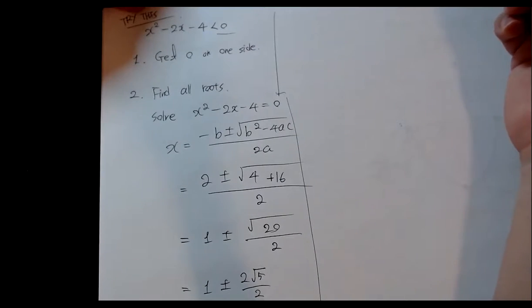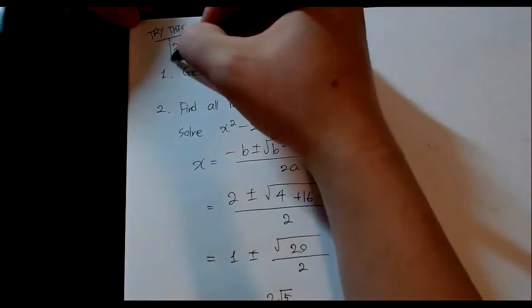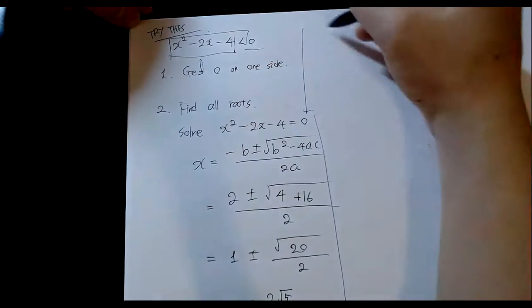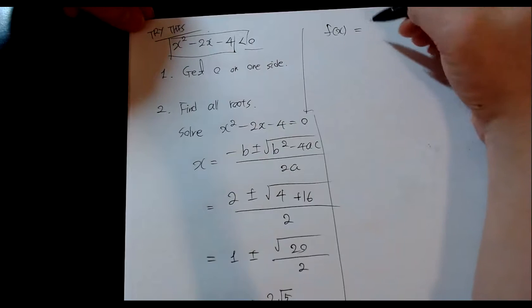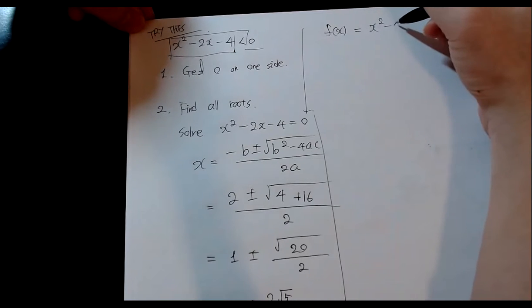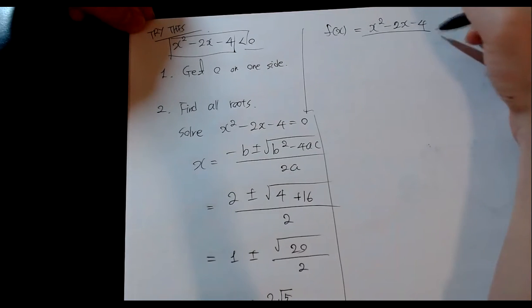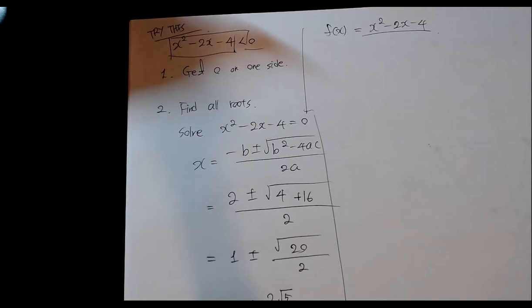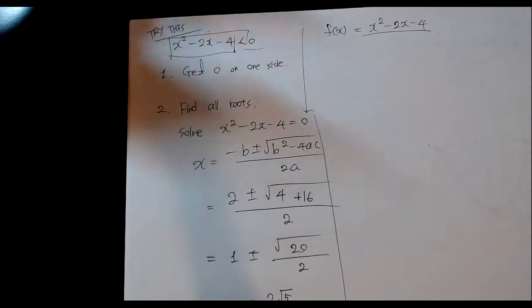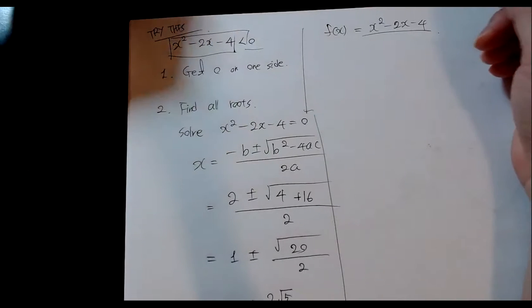Considering f of x as the quadratic function x squared minus 2x minus 4, that function must have two x-intercepts, so the parabola should pass through the x-axis twice.